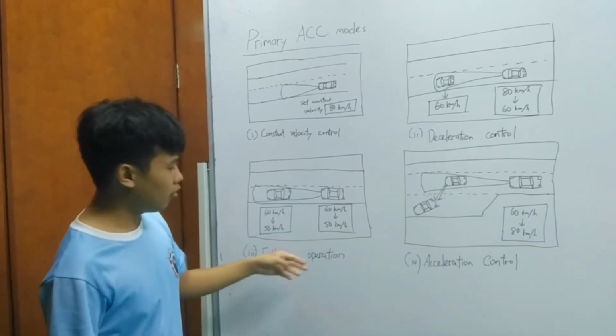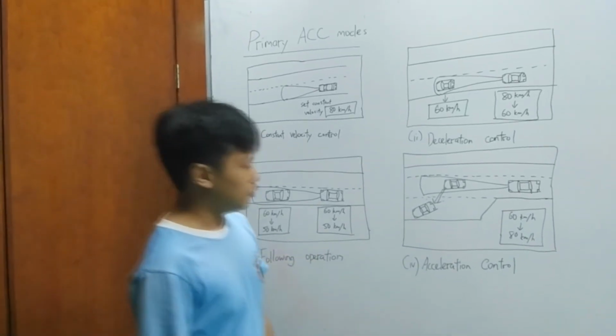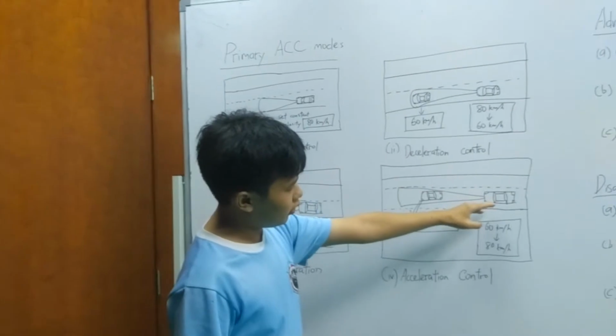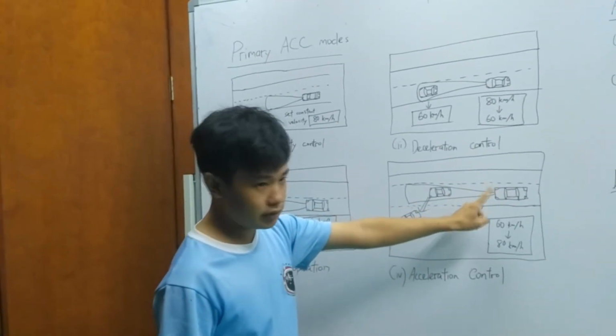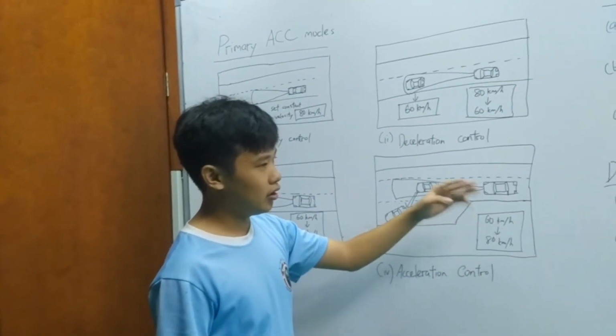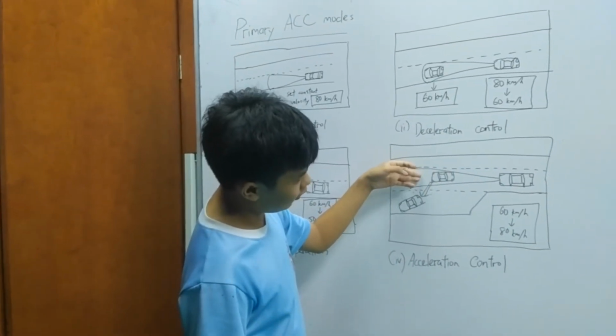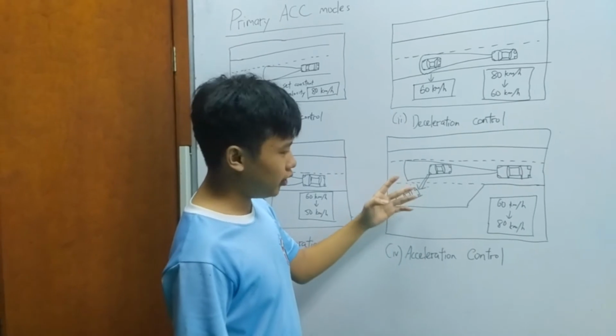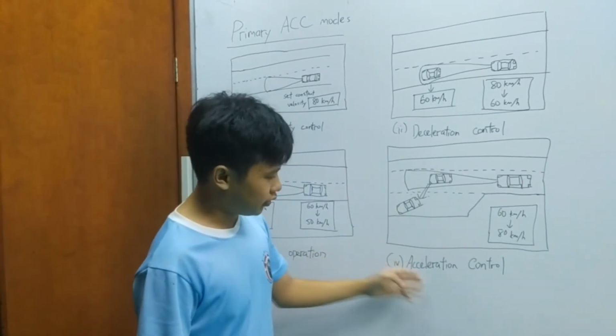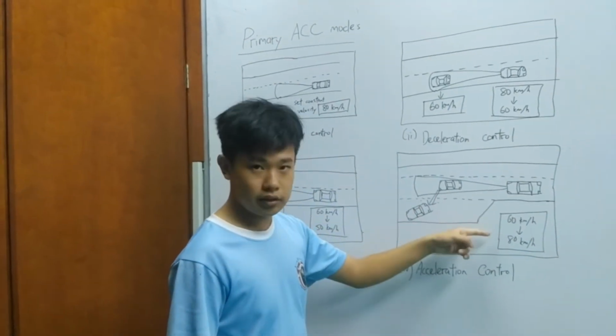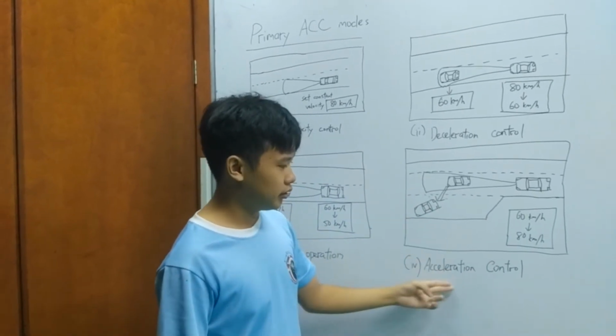This is a following operation. Next, once the sensor of the vehicle detects that the vehicle in front of it has moved away, then we can accelerate the velocity of the vehicle. This is acceleration control.